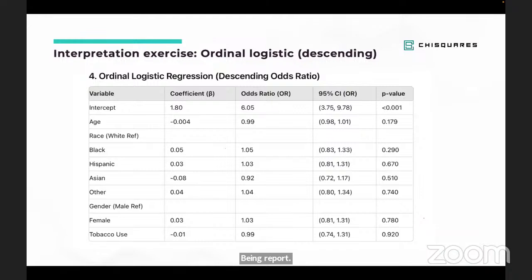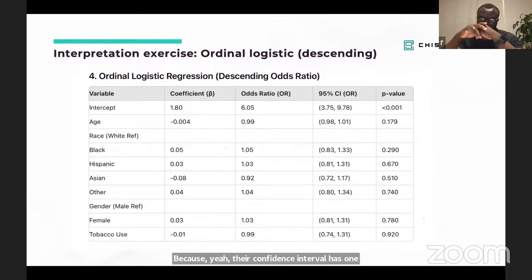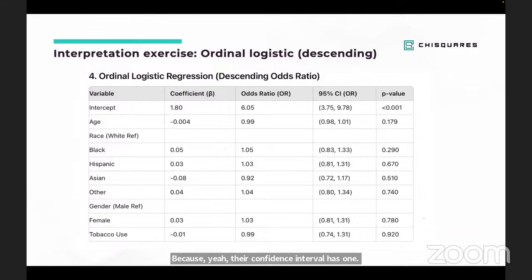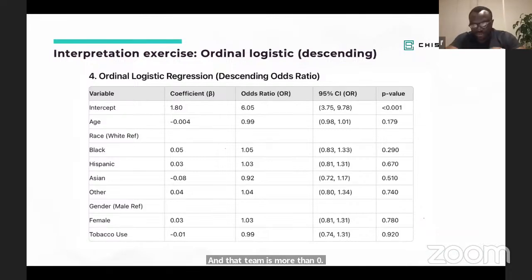reporting to menthol cigarette smoking, and the result is statistically not significant because the confidence interval has 1, and the p-value is more than 0.05. That's a nice attempt, where you got most of the elements right.